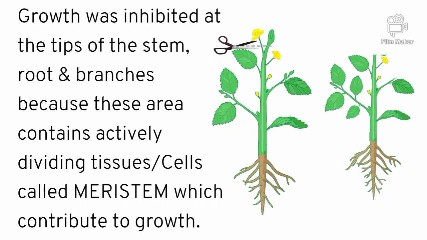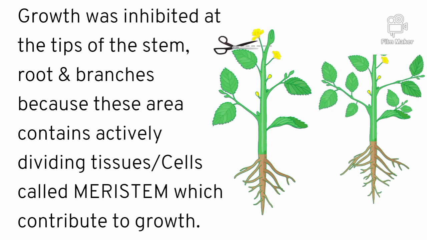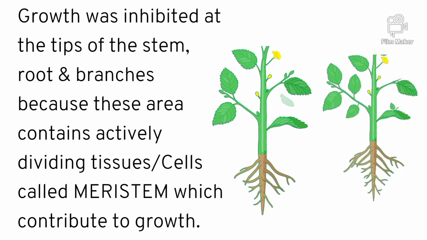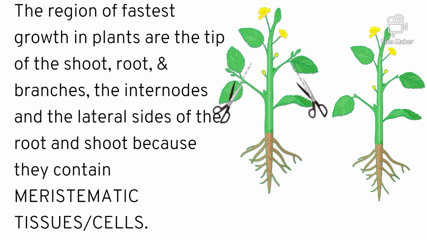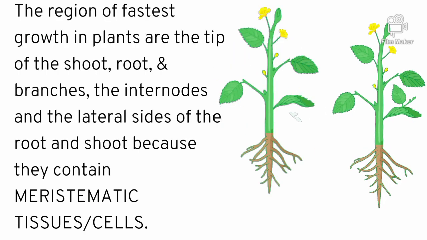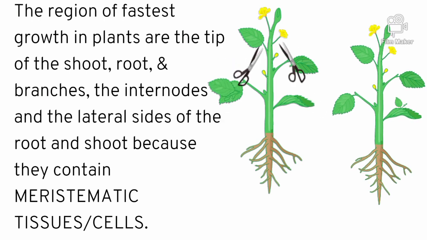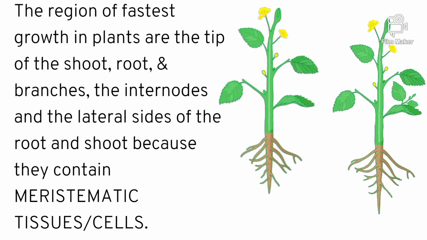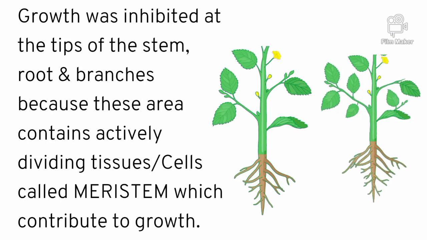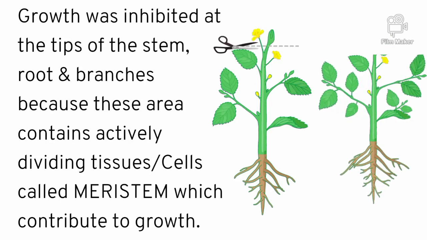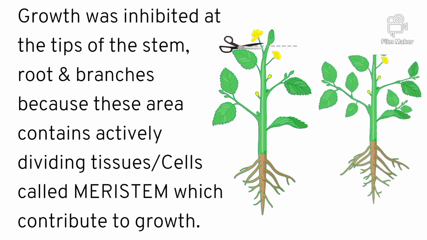The tips of the plant did not grow when they were cut off because the growth in this area is inhibited. This is because the tips of the plant contain a tissue called meristematic tissue, which are actively dividing cells that contribute to growth. Therefore, the region of fastest growth in plants are the regions containing meristematic cells.